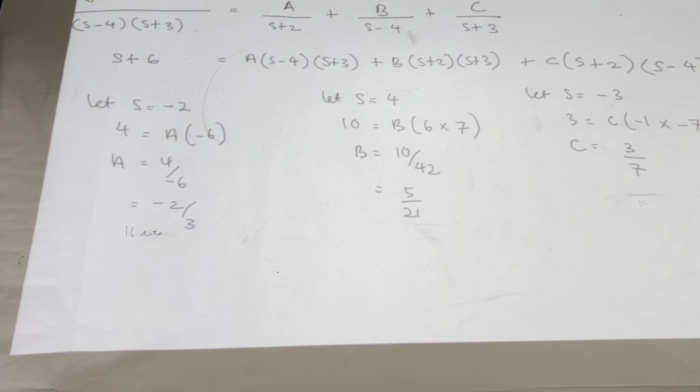Okay, so we write back A. So YS equal to A, minus 2 over 3 over S plus 2, plus B, 5 over 21 over S minus 4, plus C, 3 over 7 over S plus 3.